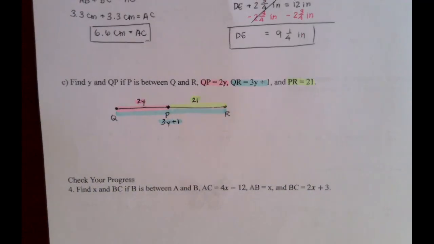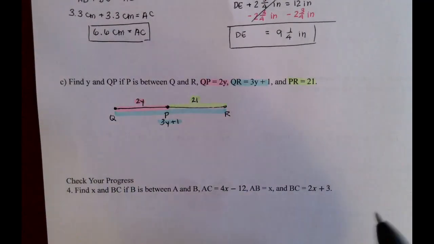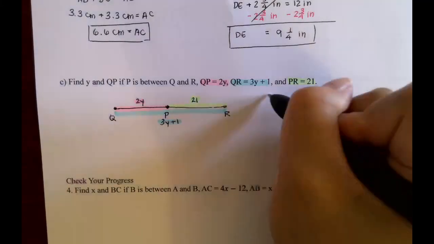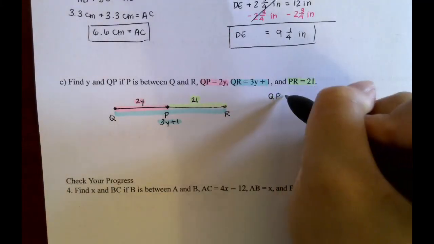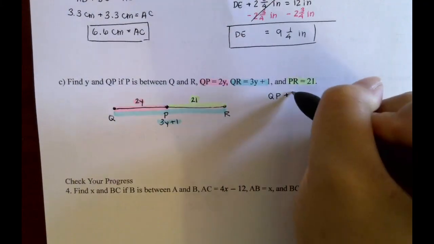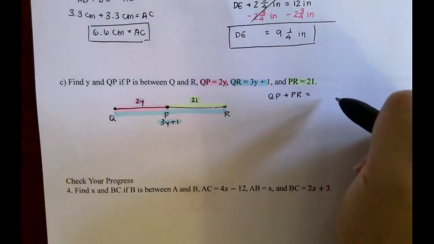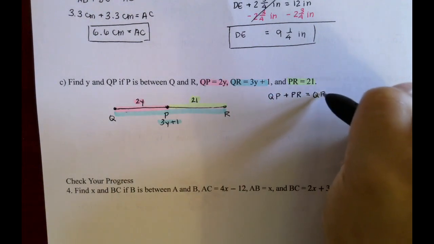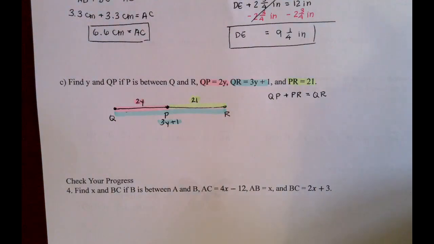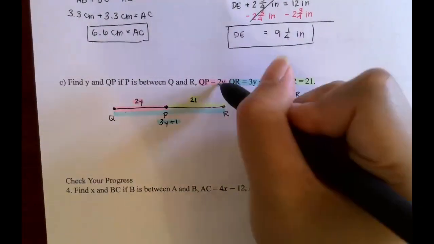So from what I know, right, is that the QP plus PR should equal QR. Okay. And then I can plug in what I know, or substitute what I know.